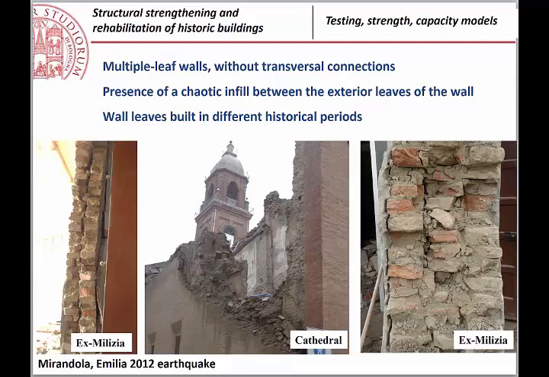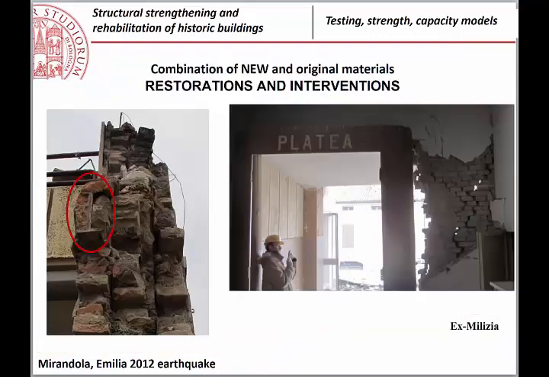Or, for example, very often, this is what we found in Emilia, 2 leaves or 3 leaves, just because you must have a greater thickness, but without any connection. Of course, if you don't have a connection, you have all the problems that we discussed before.